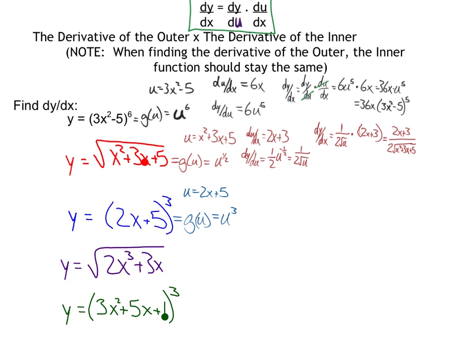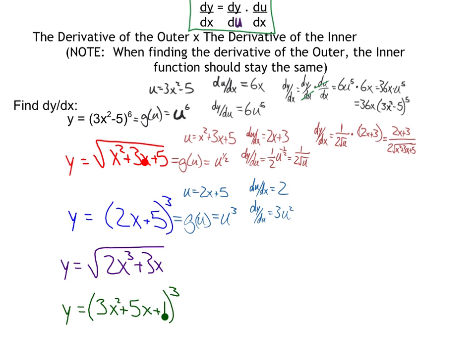So what's dy du? It's 3u squared. Then du dx would be just 2. It's a line, right? u is a line, so the derivative is the slope at any point, and the slope at every point of a line is just the slope.